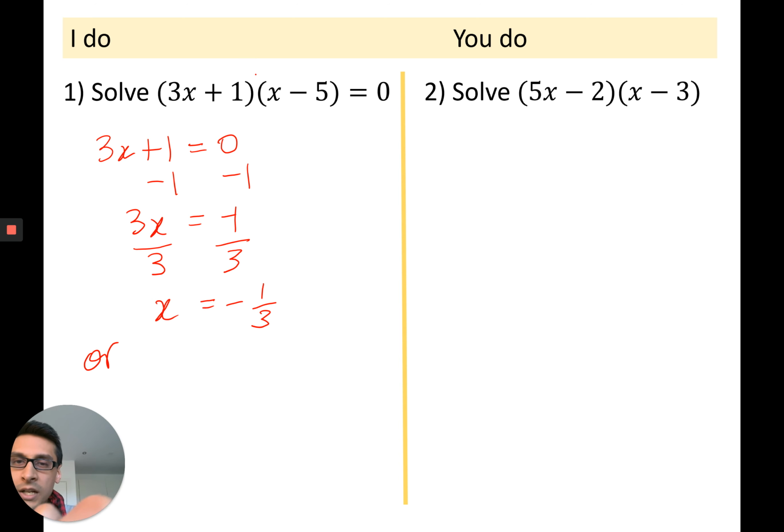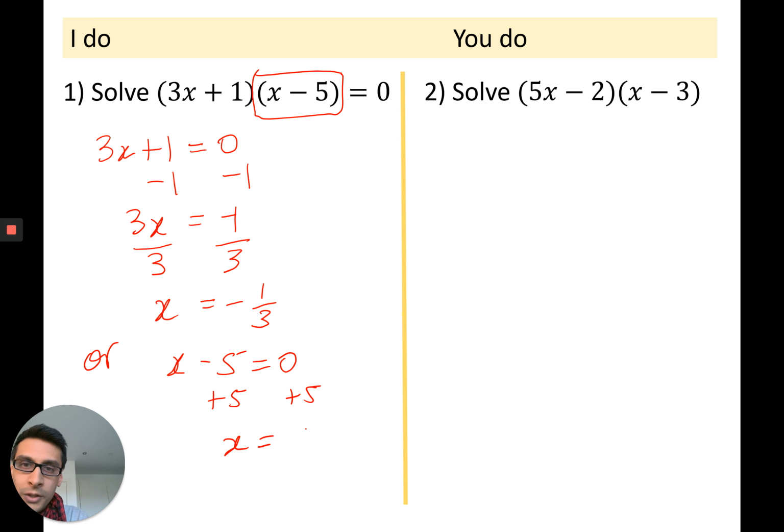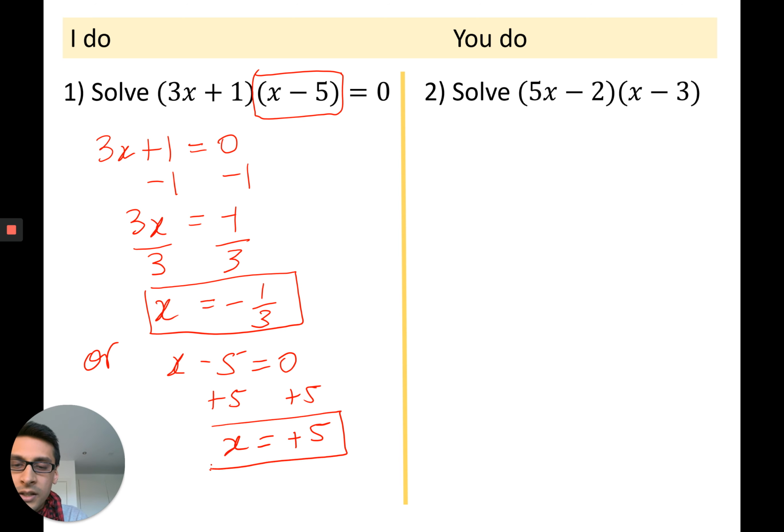Or the second bracket, x minus 5 equals 0. I can add 5, so x is equal to +5. So my solutions, which I put in a box here, are x equals -1/3 and x equals +5.